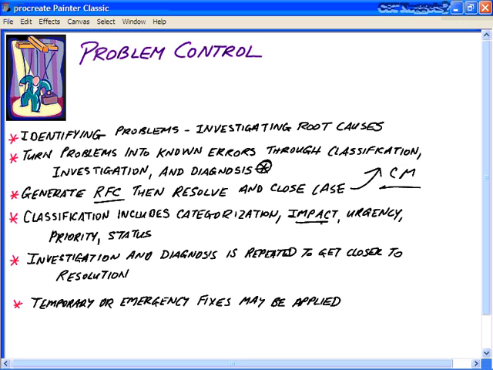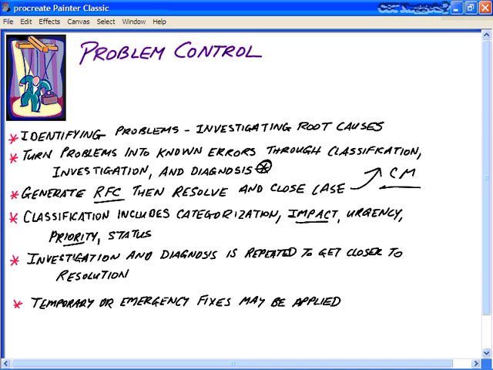Can you defer this particular problem to a later date to prioritize it, which is the next thing, and put something else more important in its place? Then what is the status? All along the way you're going to monitor this process. What is the status of this particular problem? Is it a problem? Is it a known error? Is it resolved, or is it closed?